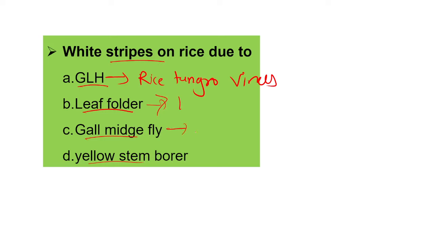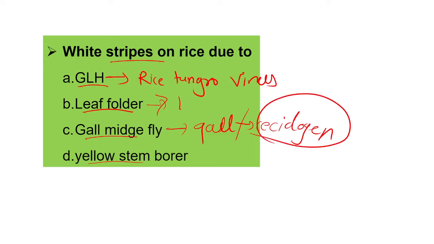And gall midge fly is a gall forming fly. It comes under the Cecidomyiidae family, and it forms galls. In this gall, a chemical called cecidogen is found. Again, white ear or onion leaf symptom occurs due to gall midge fly.